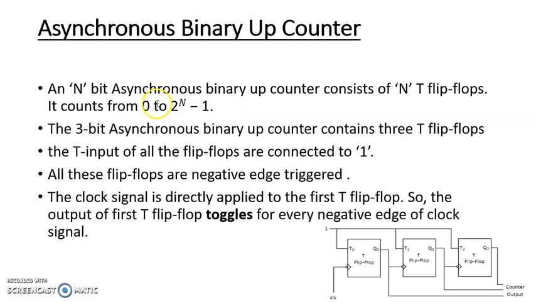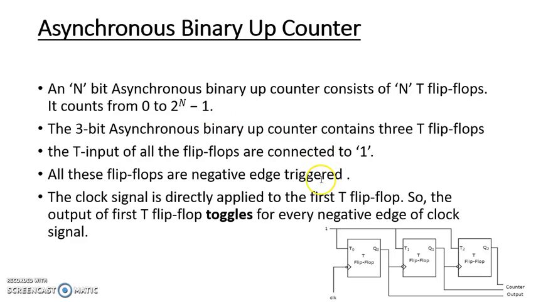Here n is 3, so it is 2 power 3 minus 1, which is 8 minus 1. It counts from 0 to 7 only. After 7, the output is reset back to 0. That's why it is called a binary up counter.